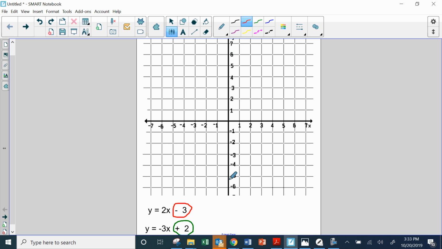So again, the y-axis is this entire line. That's the y-axis. The y-intercept is just this number on the y-axis. So for example, for -3, the y-intercept for this equation, I go to the y-axis and I find -3. And I just put a dot.